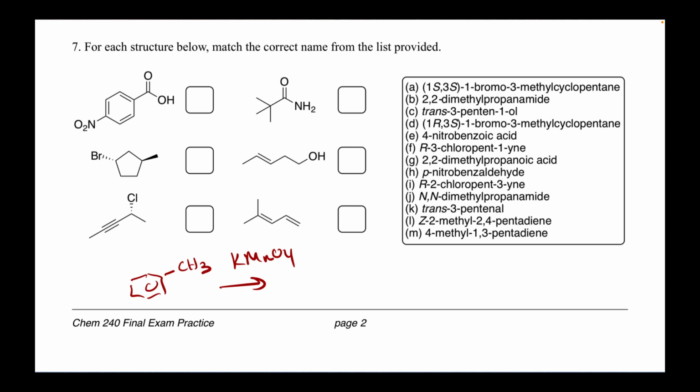Remember that this will oxidize groups next to the benzene ring and convert them into a carboxylic acid. So that was one thing we can do to modify groups. We don't have a way to put a carboxylic acid directly onto the benzene ring using electrophilic substitution, but we can take a methyl group and oxidize it.